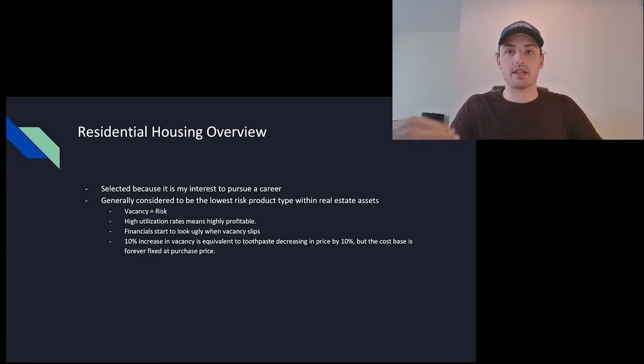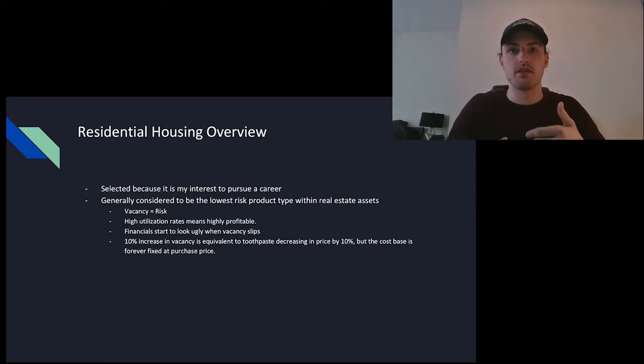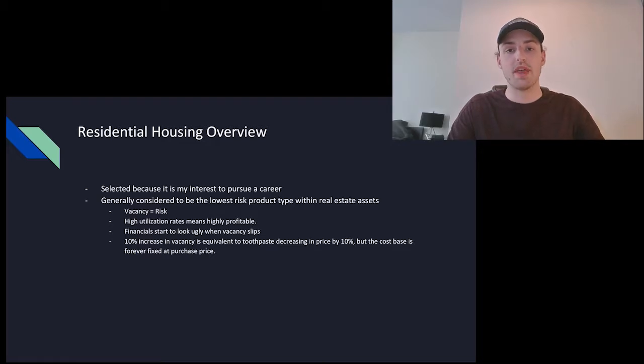One of the things that I'm interested in, and this is why this is scoped to residential real estate, is that vacancy risk is lower, and therefore this is a great place to start off, in the lowest risk asset class of real estate. Let's get a sense for the true risks and the true risk exposure that would happen during a recession.